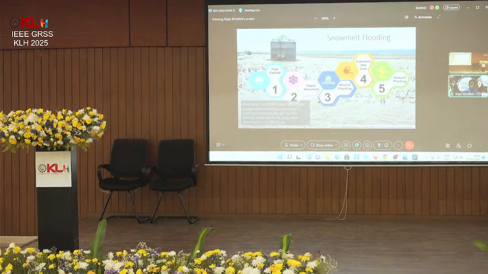This large-scale flooding led to very, very wet conditions, and that resulted in delayed planting, and that had implications in terms of agriculture and crop yield. There were agriculture losses totaling 33 billion dollars in 2019 just because of this flooding. And partly the flooding was because of the snow melt, and then partly the flooding was because of the rain that happened in the spring and summer that year.